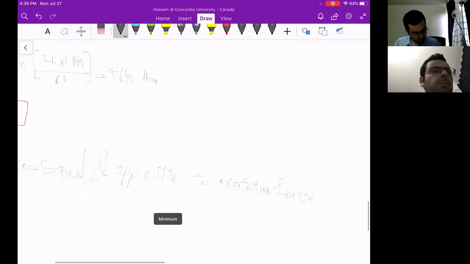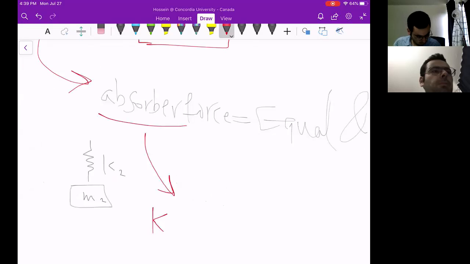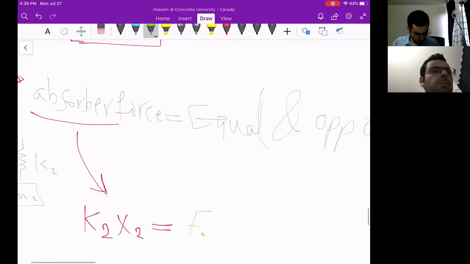So the absorber force, for M2, the absorber force is nothing but K2 X2, is equal to the excitation force F naught, the force amplitude M E omega squared.